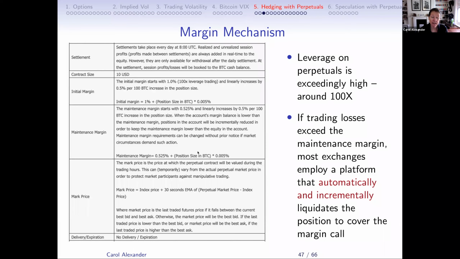One of the ways in which exchanges prevent this happening is having something called a mark price. And there are different calculations for different exchanges. So the mark price here is some index, which I'm not going to go into the details of, it's too detailed for this course, plus 30 seconds of an exponentially weighted moving average of the difference between the perpetual and the index price in this case.